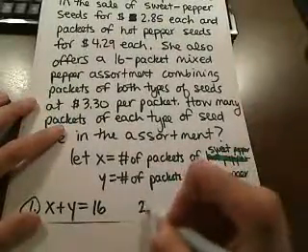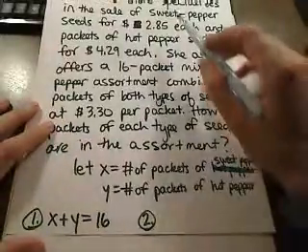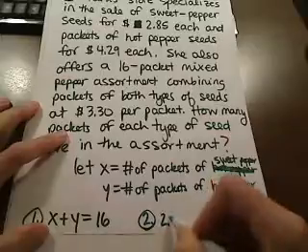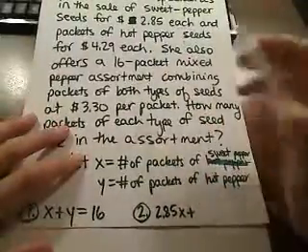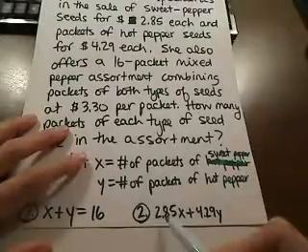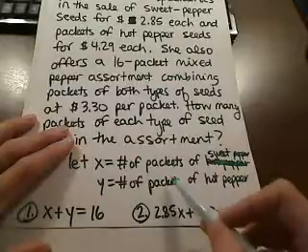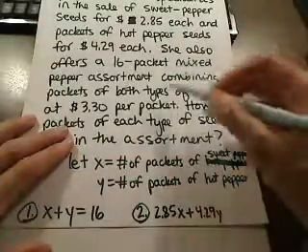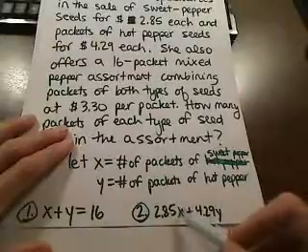And the second equation is going to take into account the money portion of it. So the sweet peppers are $2.85 each, so $2.85 times x. The hot peppers are $4.29 each, so $4.29 times y. And these represent the amount of money that's coming from each of these packets in this 16-packet assortment.